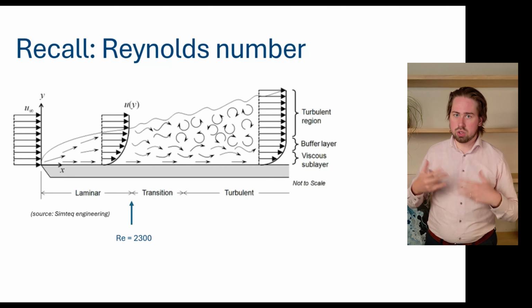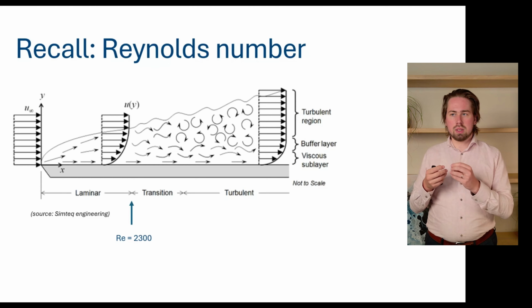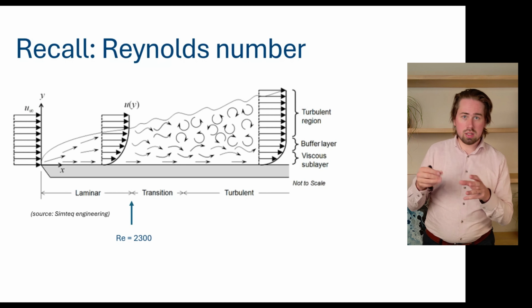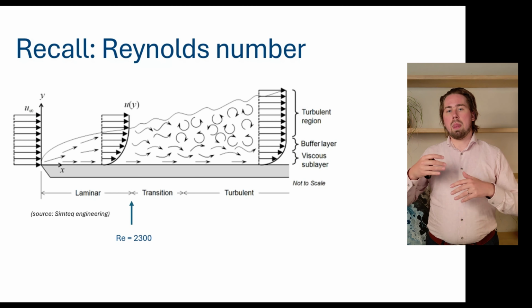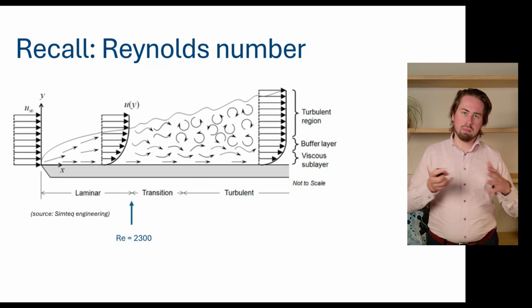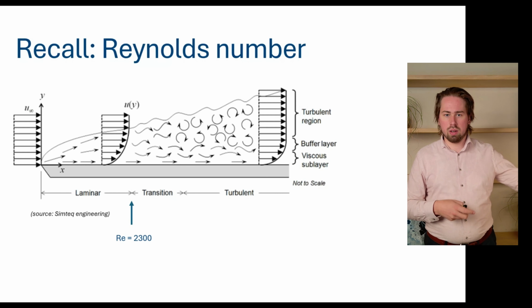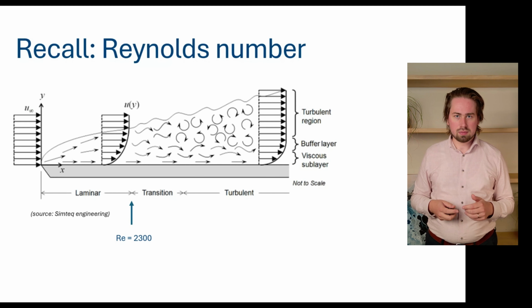So for a regular smooth probe, at a Reynolds number of 2300, the fluid will become turbulent in some regions, laminar in the other, and when the flow rate increases even further, your Reynolds number increases more and more. Parts of your probe will actually be turbulent until you have a fully turbulent flow.